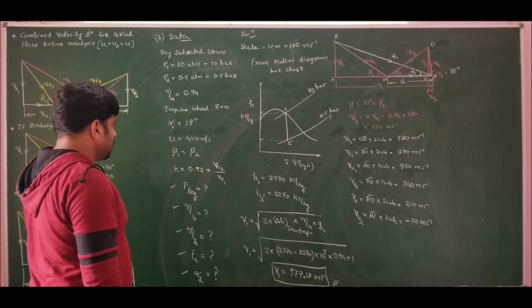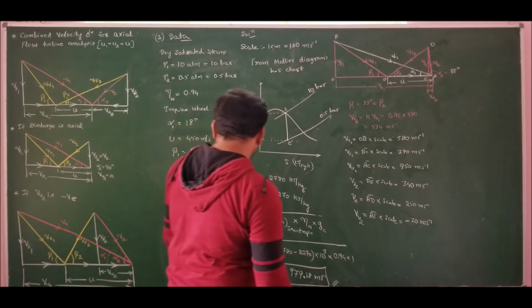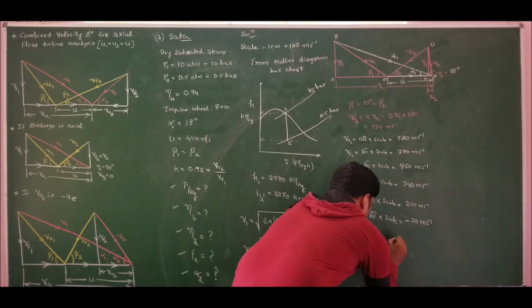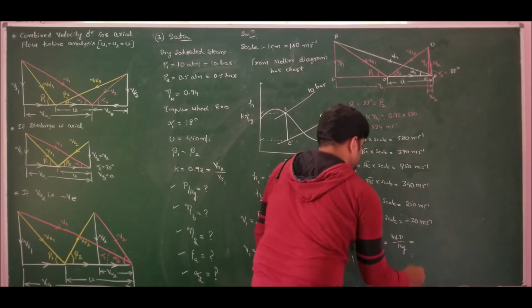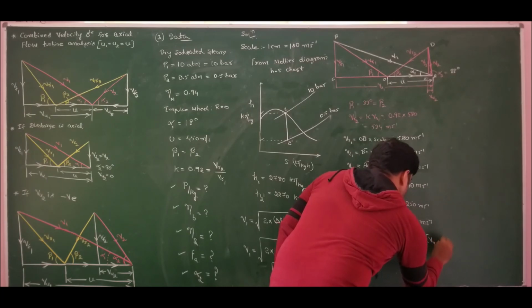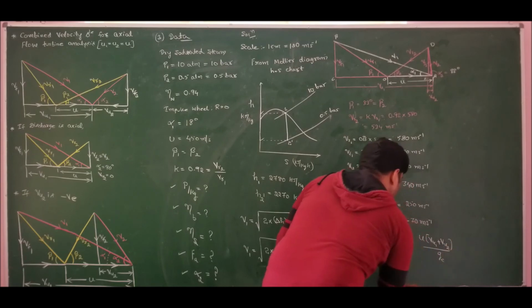Now let us calculate what is asked. First one is power per kg. So first one is power developed per kg. So power developed per kg is nothing but work done per kg, which is equal to U of Vu1 plus Vu2 by Gc.